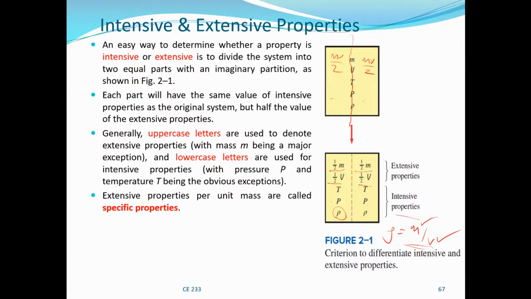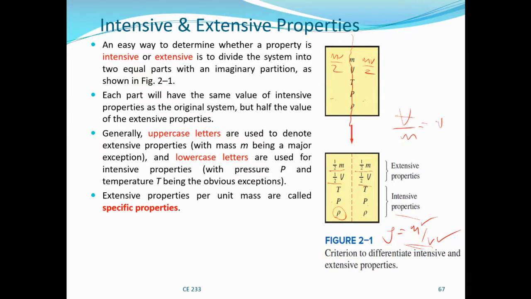And extensive properties per unit mass are called specific properties. Extensive properties per unit mass are called specific properties. Let's say we have volume per unit mass. When we divide the volume by mass, we call it specific volume, and we write it in small letter v.